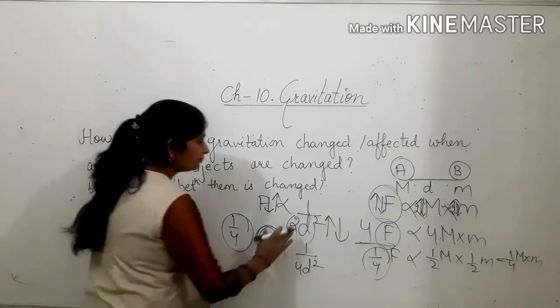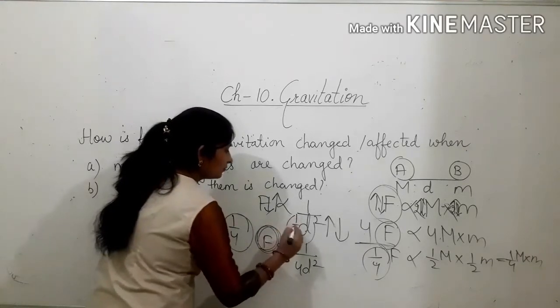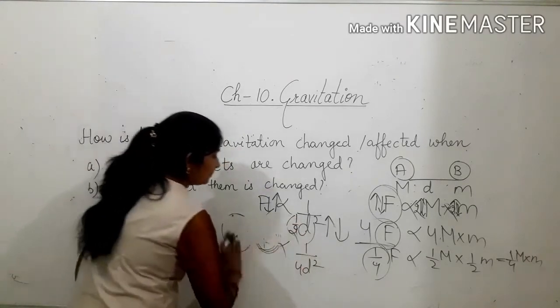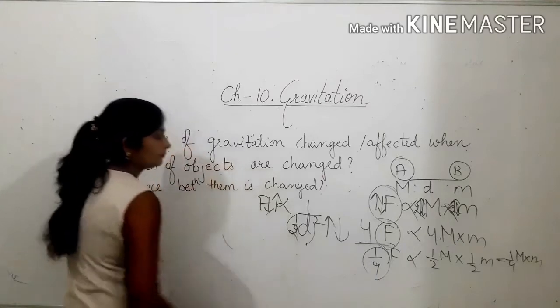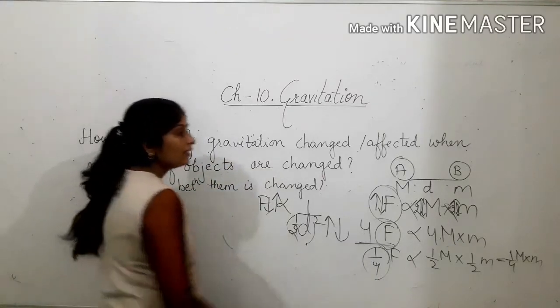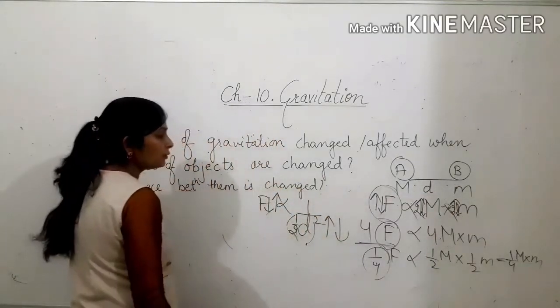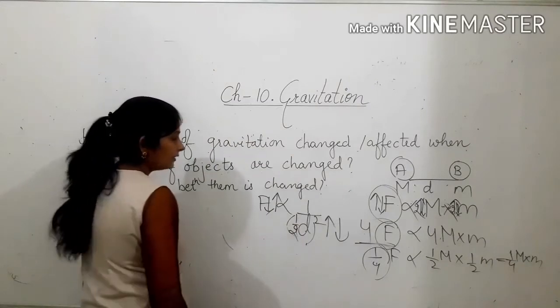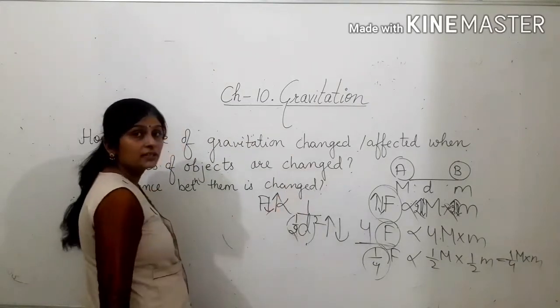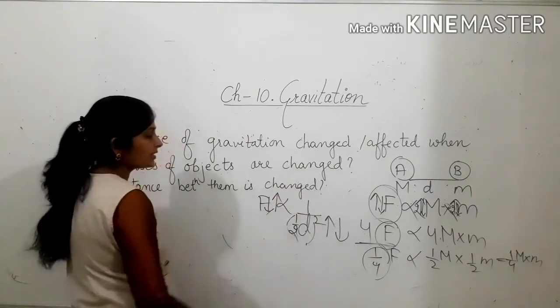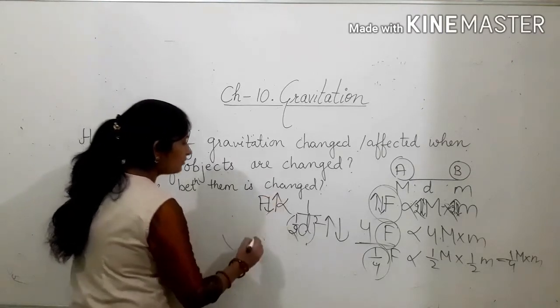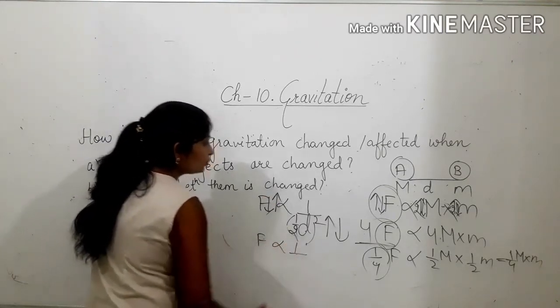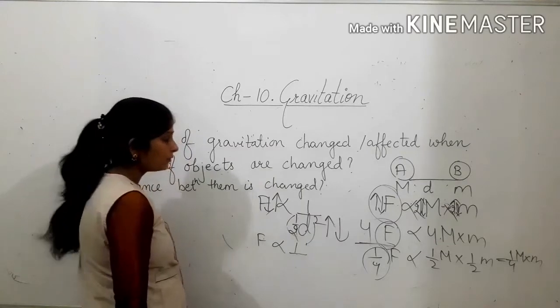And if the distance between them is reduced to half, then initially the distance was d, now it is half d. Then force is inversely proportional to the square of the distance between them.